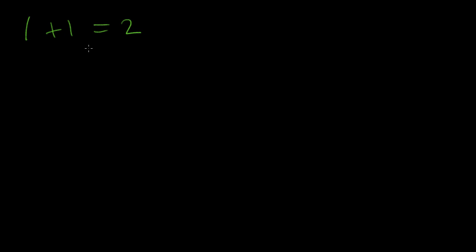The other way you might see this, and I'm going to use this symbol here. So this says whatever I write over here is equivalent to this over here. So they're going to mean the same thing. Now, another way that this could be written is like this. 1 plus 1 is 2.